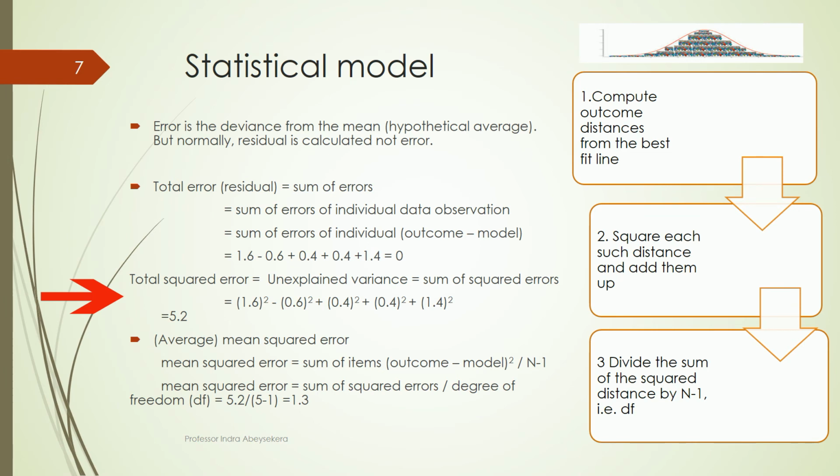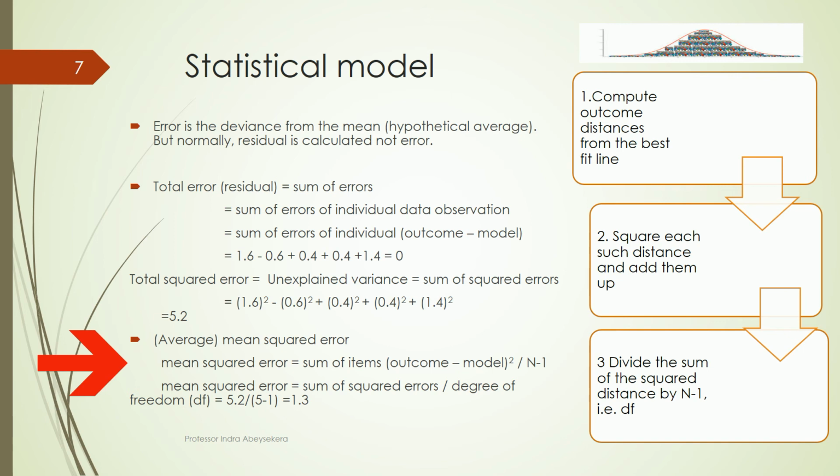And after that, to find the average distance, because these outcomes are for the whole sample, we divide that by the sample size, or the number of observations in the sample, minus 1, which is the degree of freedom.